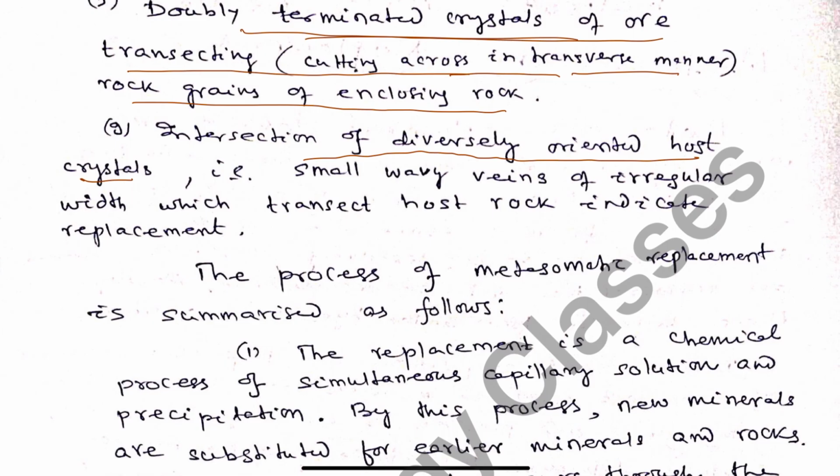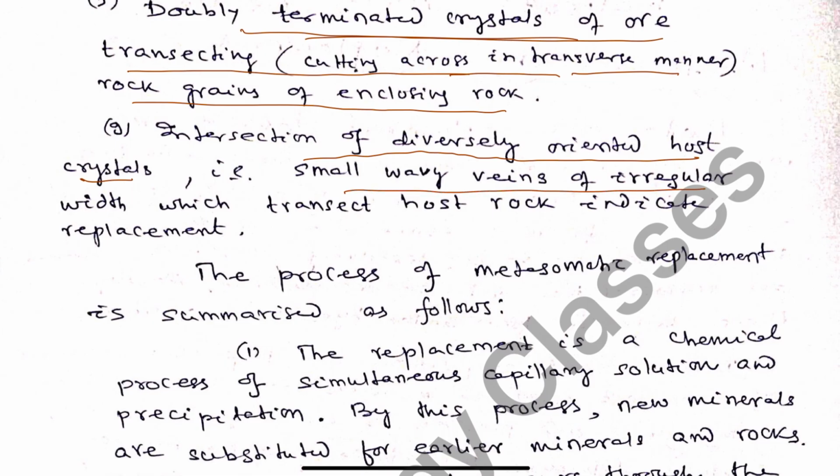It depends upon the reaction and the solution. The wall rock is found to be affected, showing very irregular shape, and accordingly the deposits that develop in the place where the reaction and solution take place become irregular.